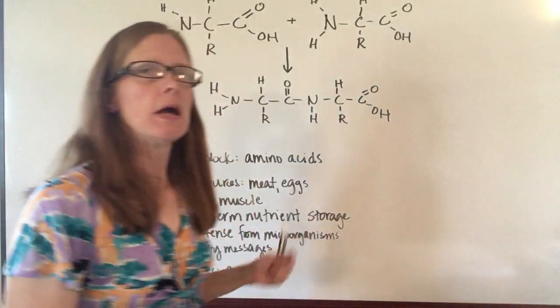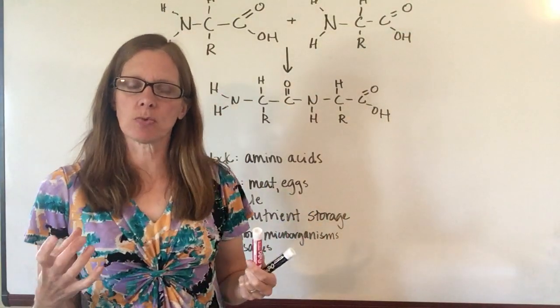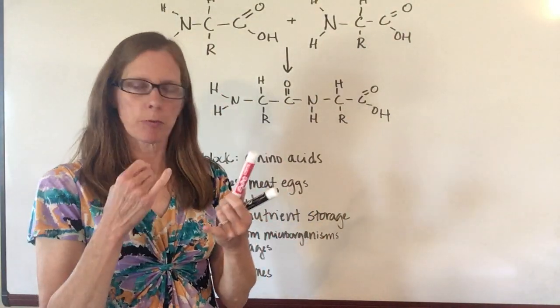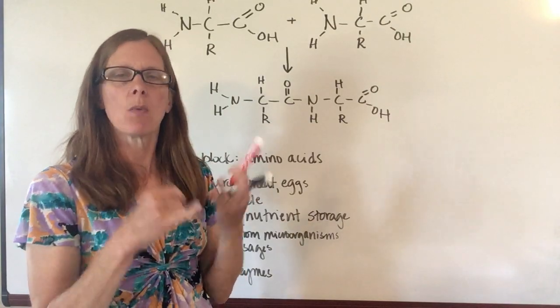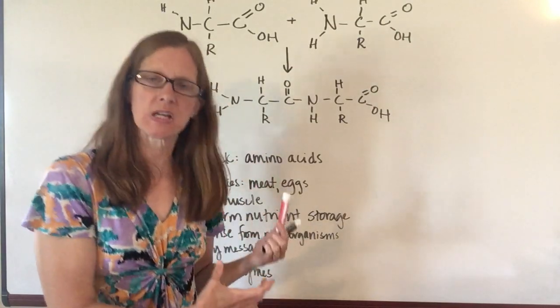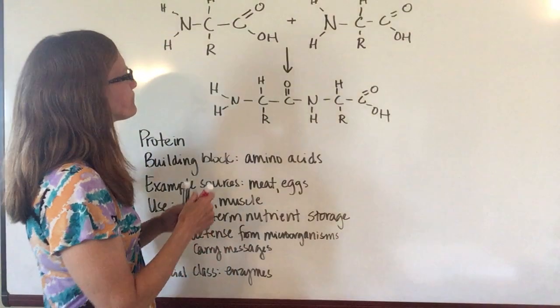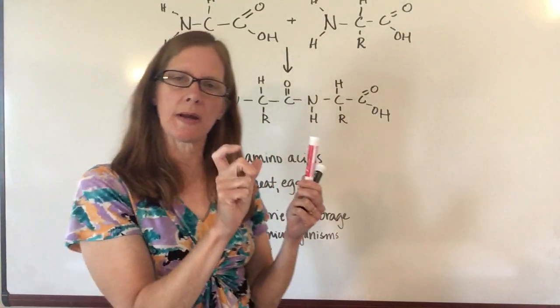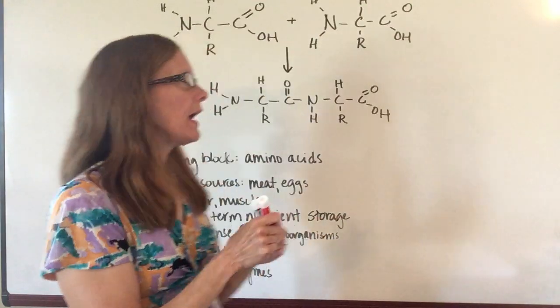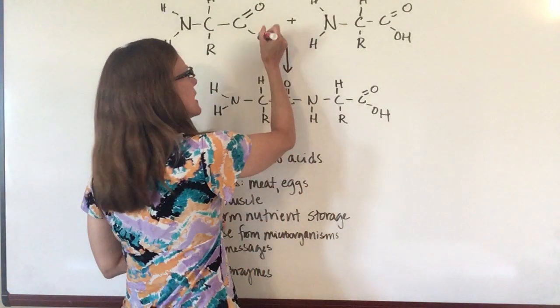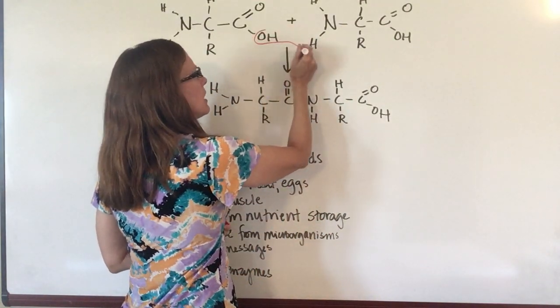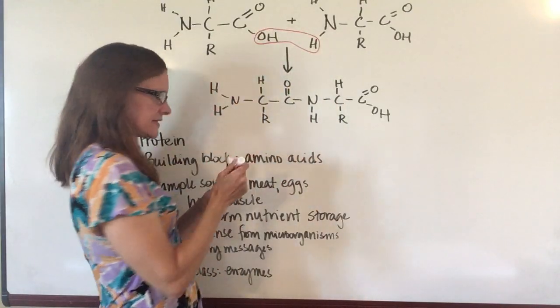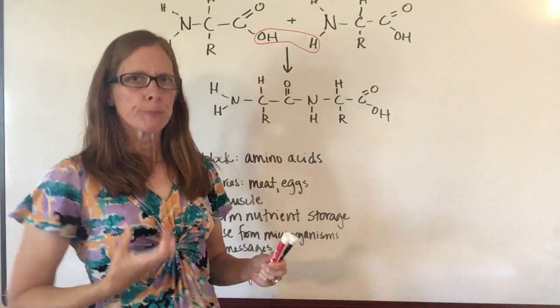Okay, so just like we had dehydration reactions with carbohydrates, and we have them with lipids, we have them again with proteins. And so I'm still going to be looking for that OH on one atom and the H on another one. And then we take this OH here and this H here, we suck that water out of there.